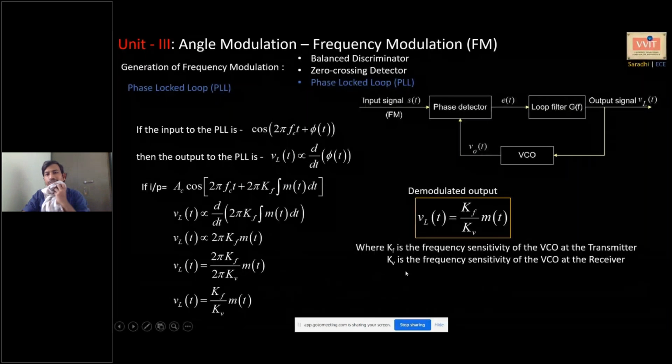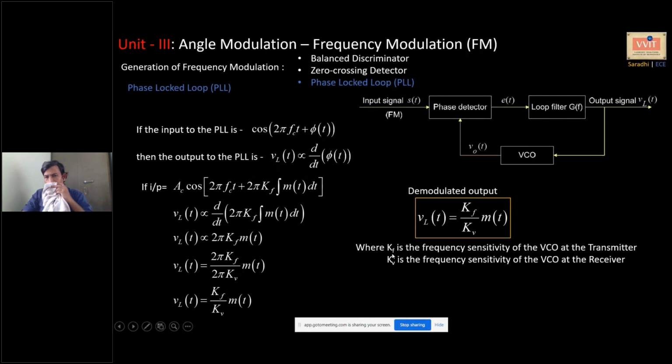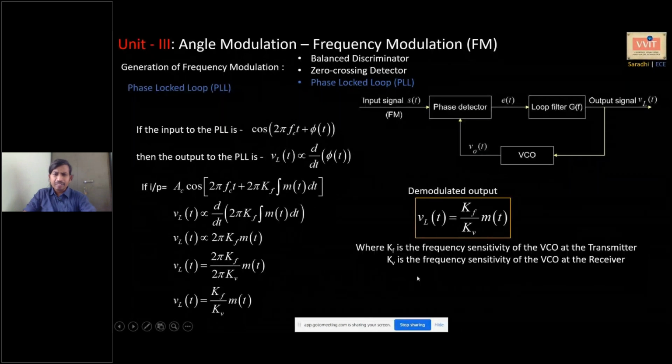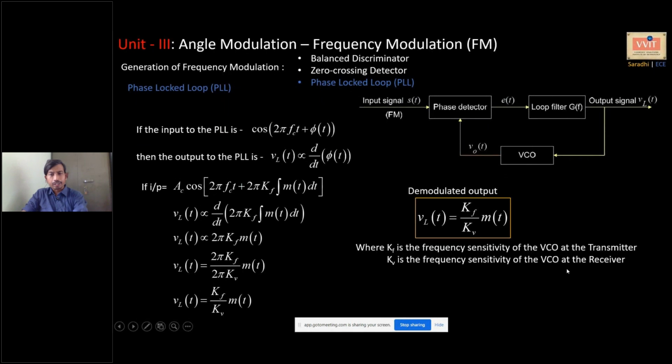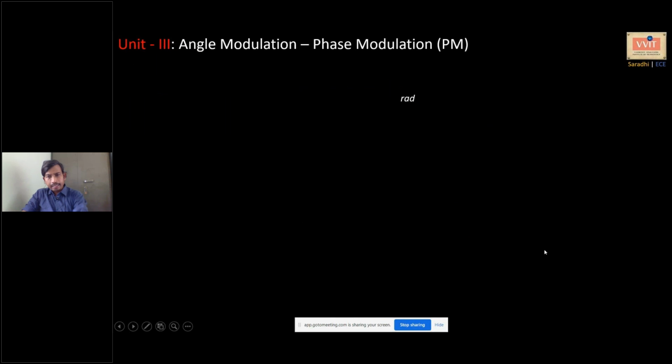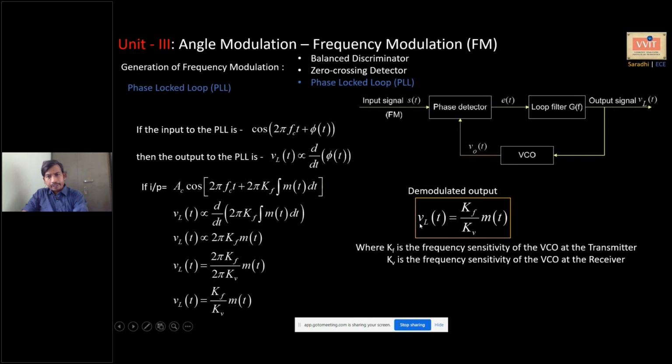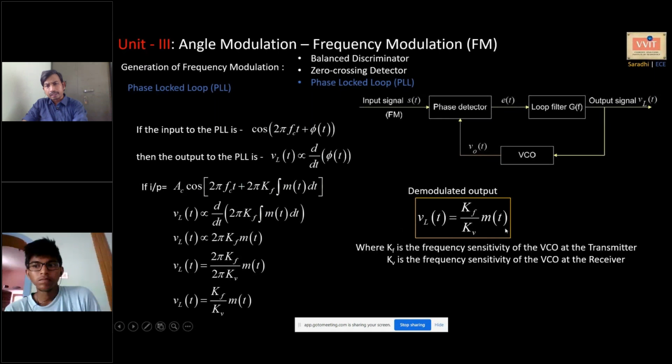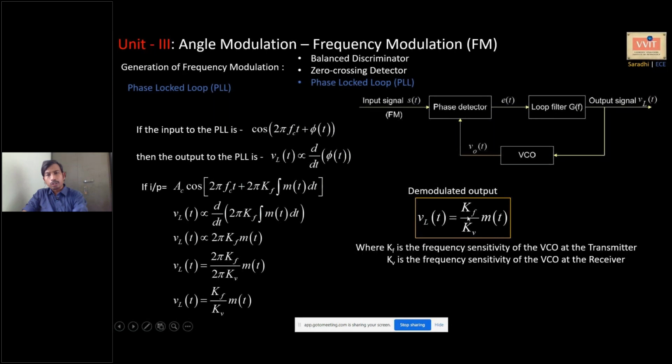However, if Kf is the frequency sensitivity of the VCO at the transmitter, then Kv is the frequency sensitivity of the VCO at the receiver. I mentioned on both sides VCO will be there. Now look at this expression. Your output signal is proportional to the message signal. These two are constants. Once design is over, these two remain as constants. So output is proportional to the message signal.